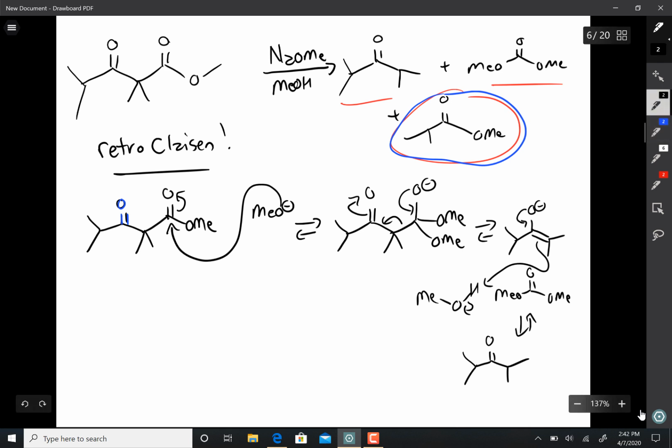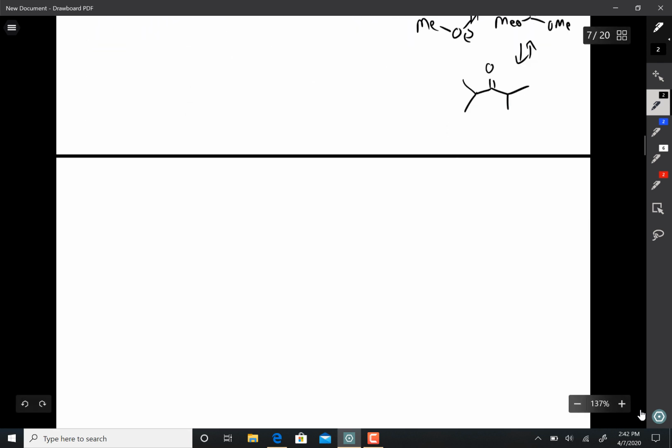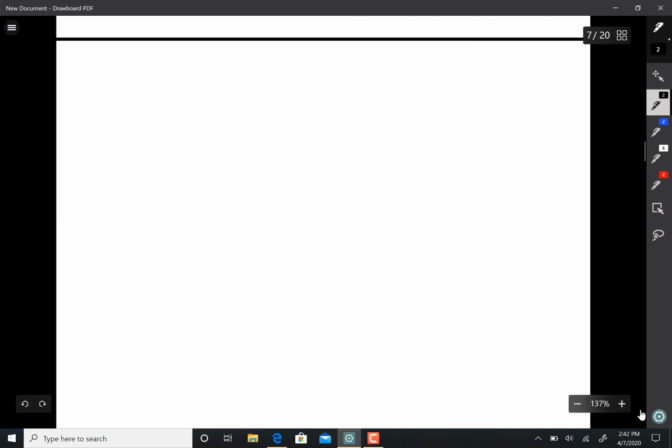Now, you are fully capable of making these compounds, but the key is not using a Claisen condensation directly to make them. So one synthetic method is called the malonic ester synthesis.